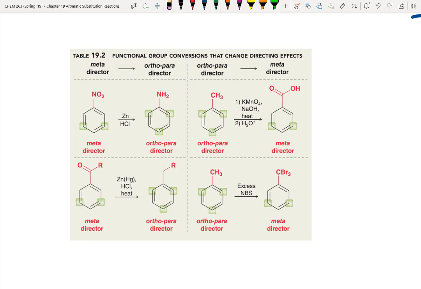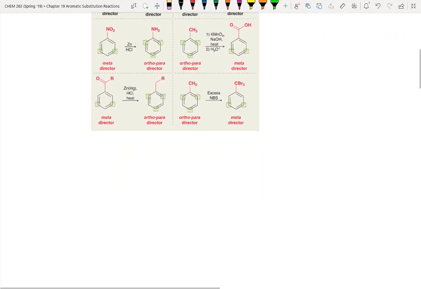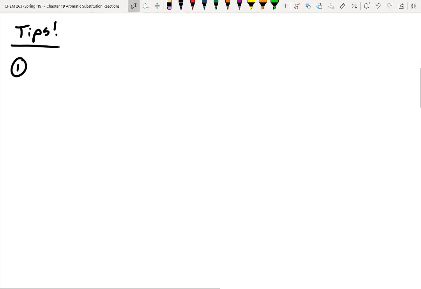All right, there's a handful of tips, though, that I want you to pay attention to anytime you do synthesis. Some of these aren't super intuitive, but we have to keep them in mind.